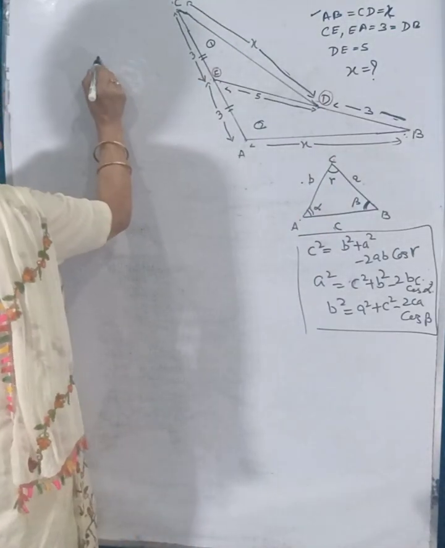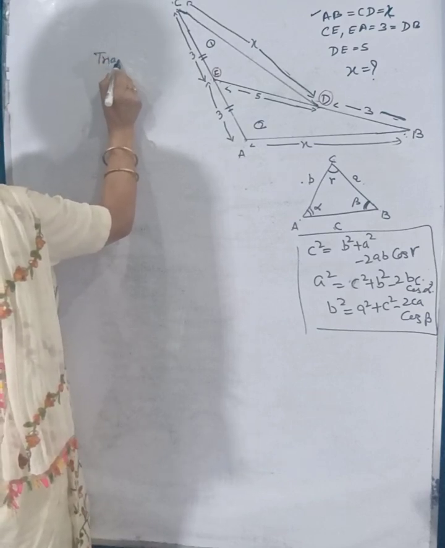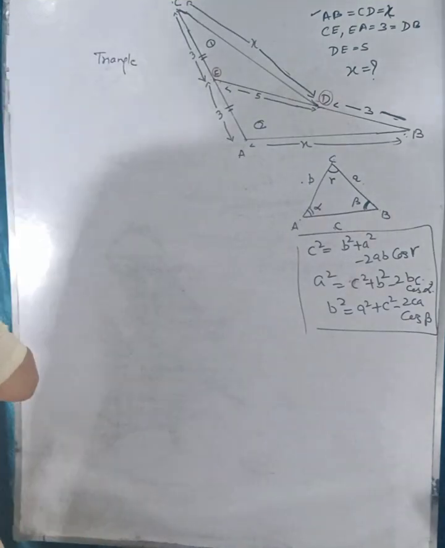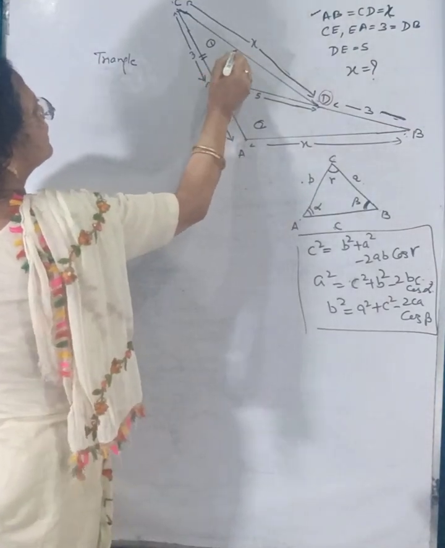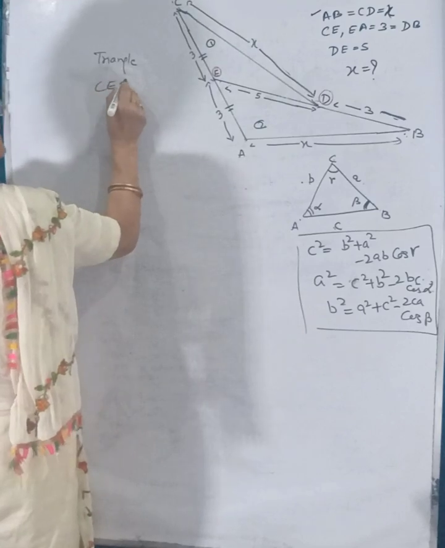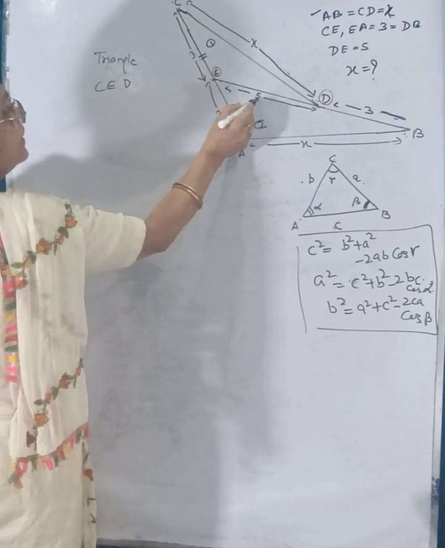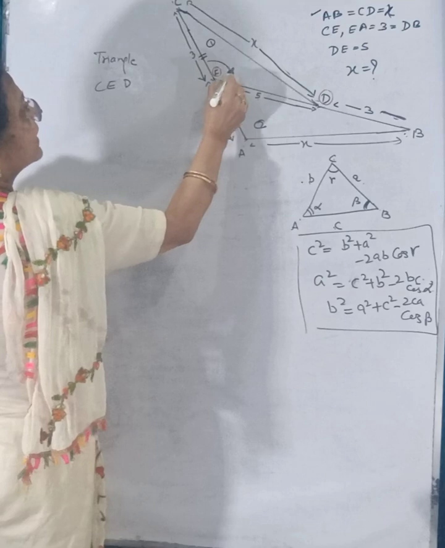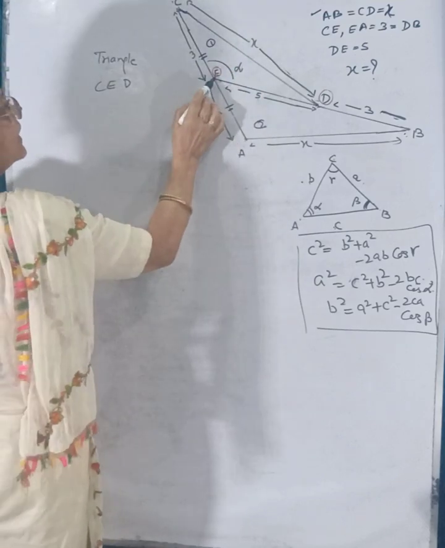Now let us take triangle CED, which has x. Arms are 3 and 5. The angle in between, suppose, is alpha.